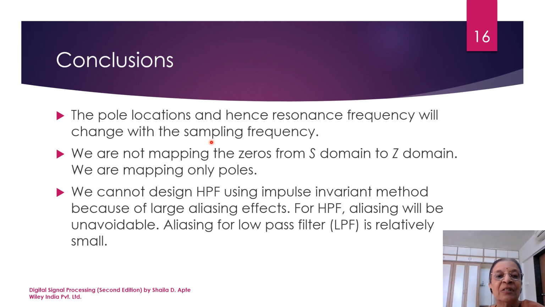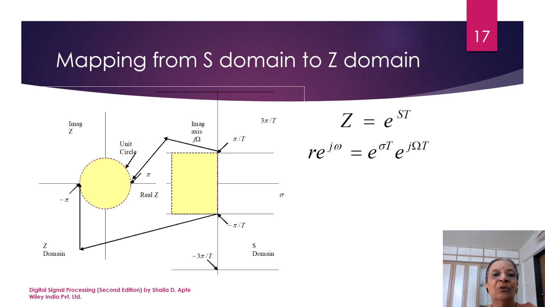It depends on Fs. We are not mapping the zeros of the S domain function, only the poles to the Z domain. So we cannot design a high pass filter using the impulse invariant method because of the large aliasing effects. For a high pass filter, aliasing will be unavoidable because you would need a very high sampling frequency. Aliasing for a low pass filter is there, but it is relatively small, so we can use it.